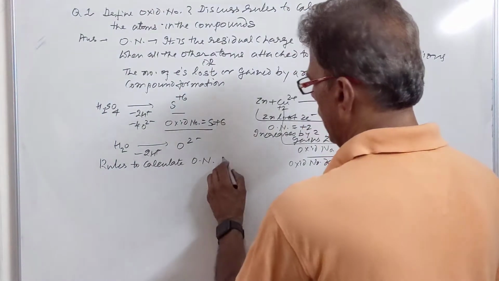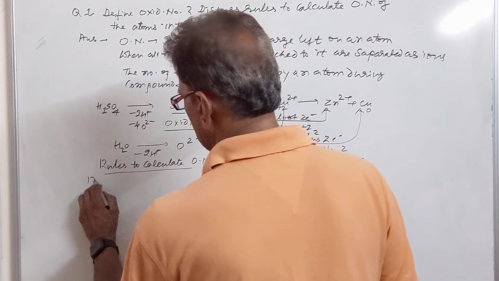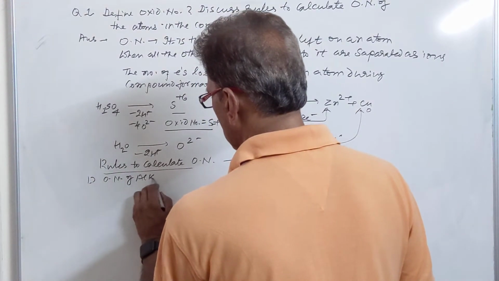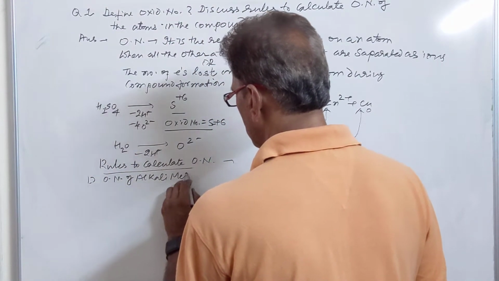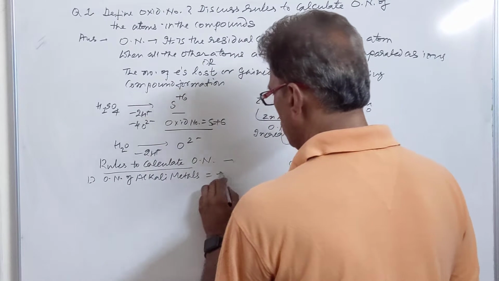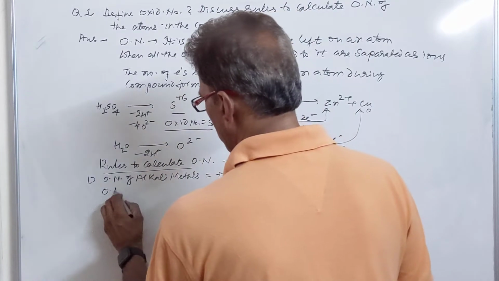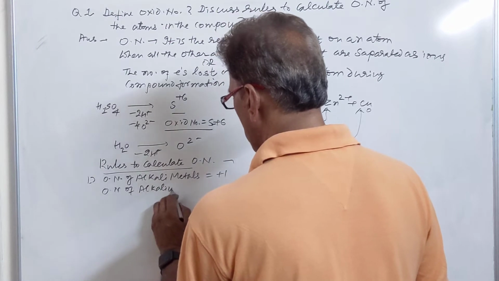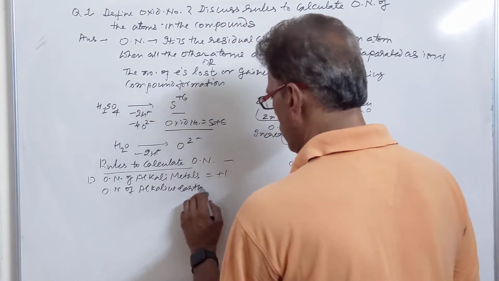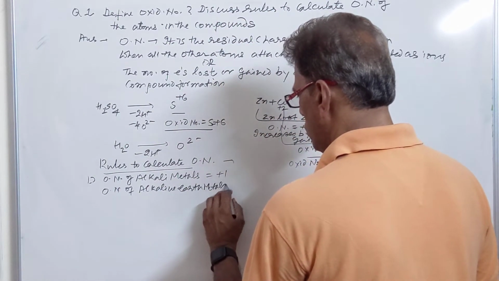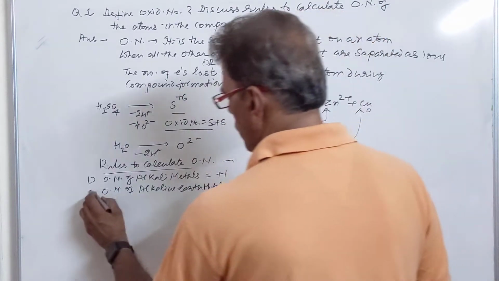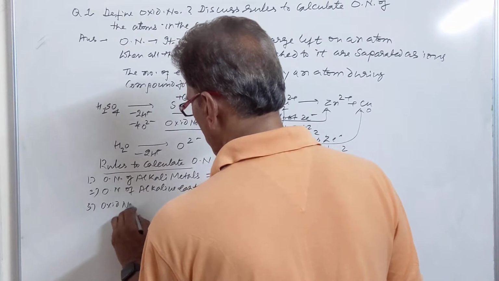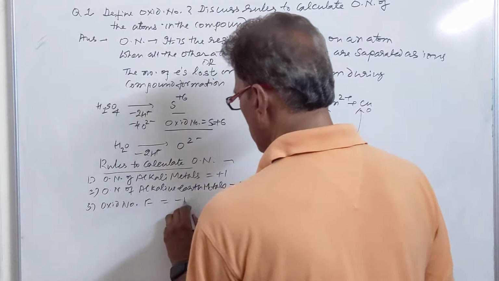Now rules to calculate oxidation number. First, the oxidation number of alkali metals is always +1. Oxidation number of alkaline earth metals, group number 2, is +2. Oxidation number of fluorine is always -1.